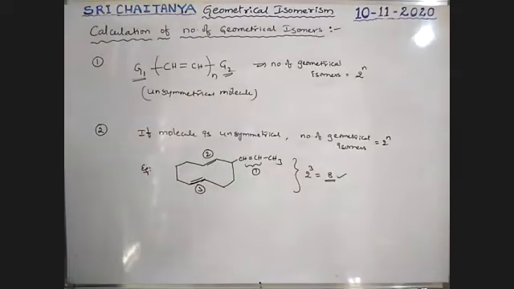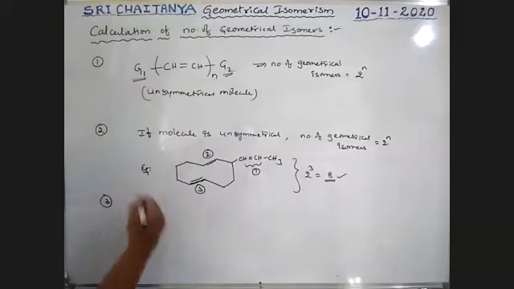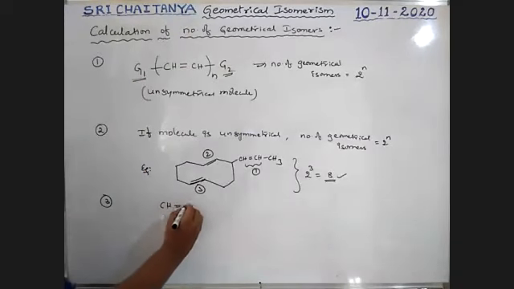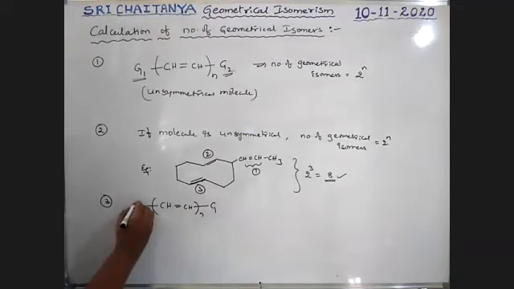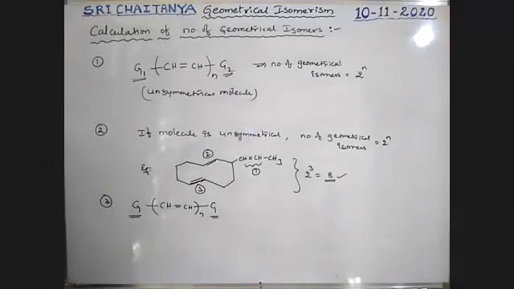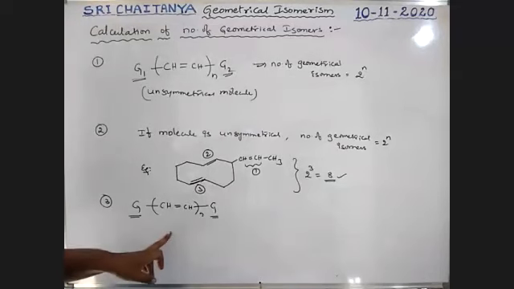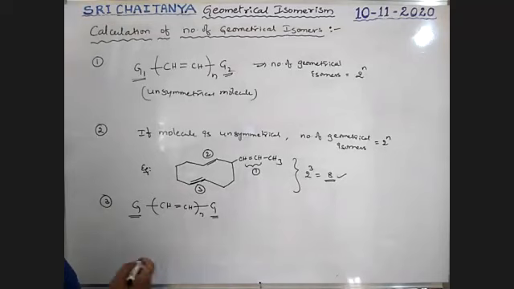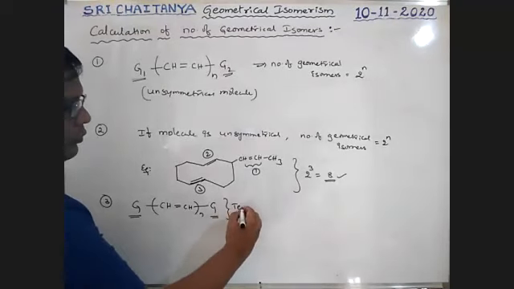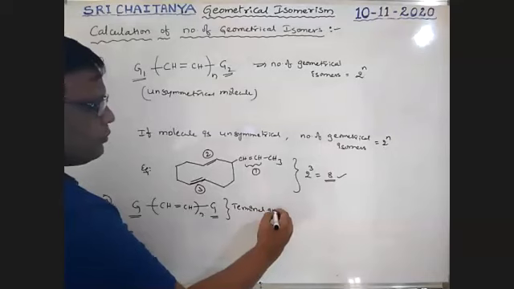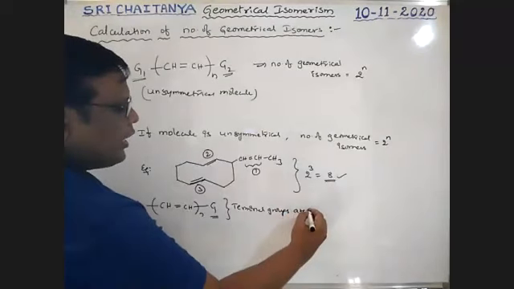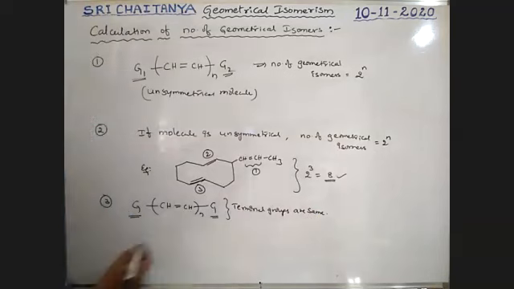Next one again. If terminal groups are same, that is CH double bond CH n times, so the terminal groups are both the same. It is a symmetrical condition. Terminal groups are same.